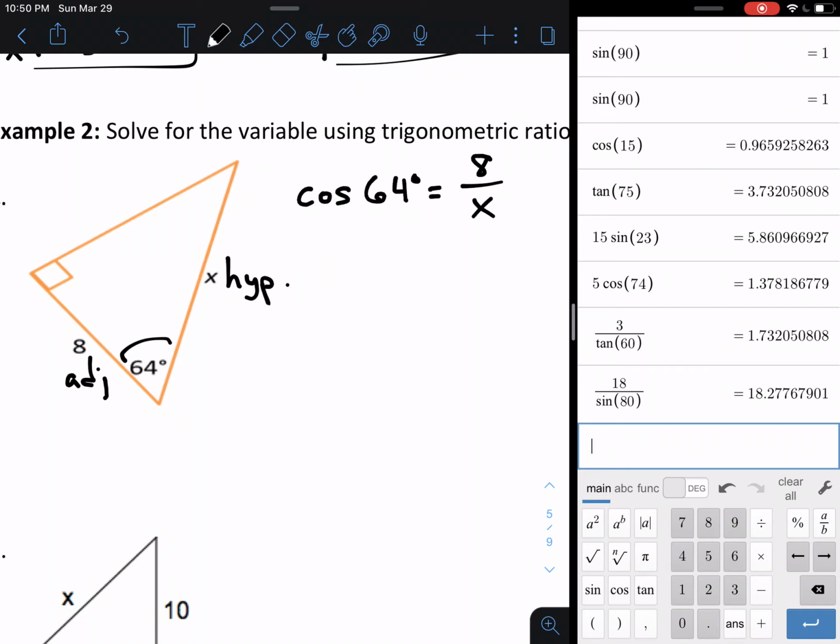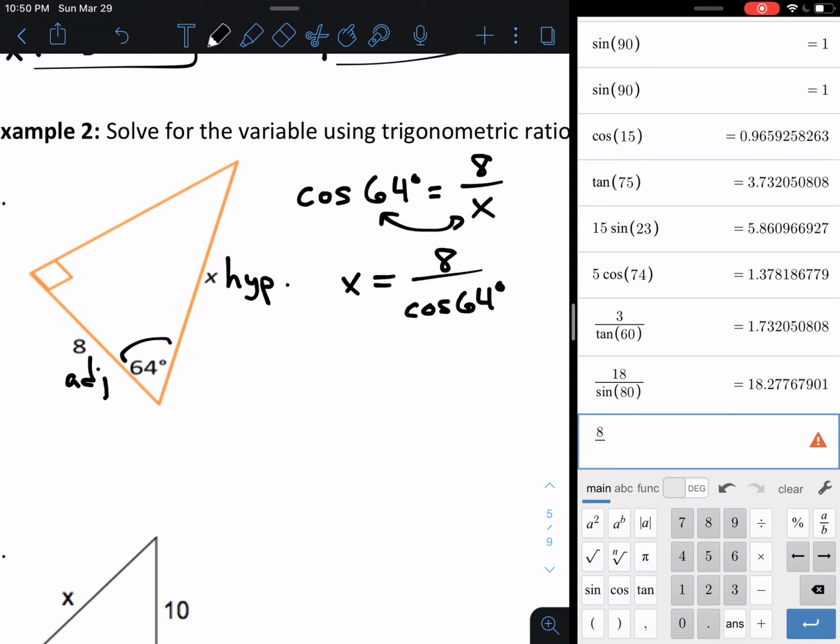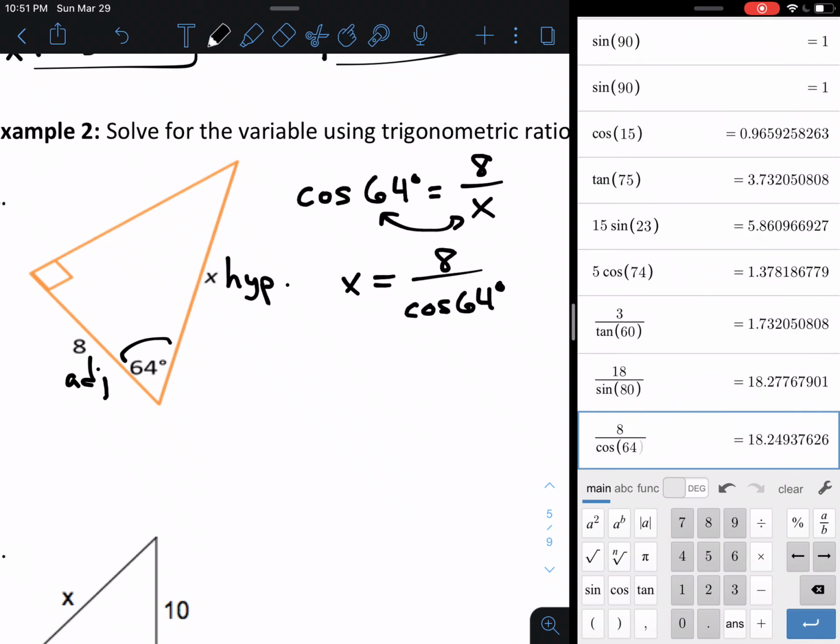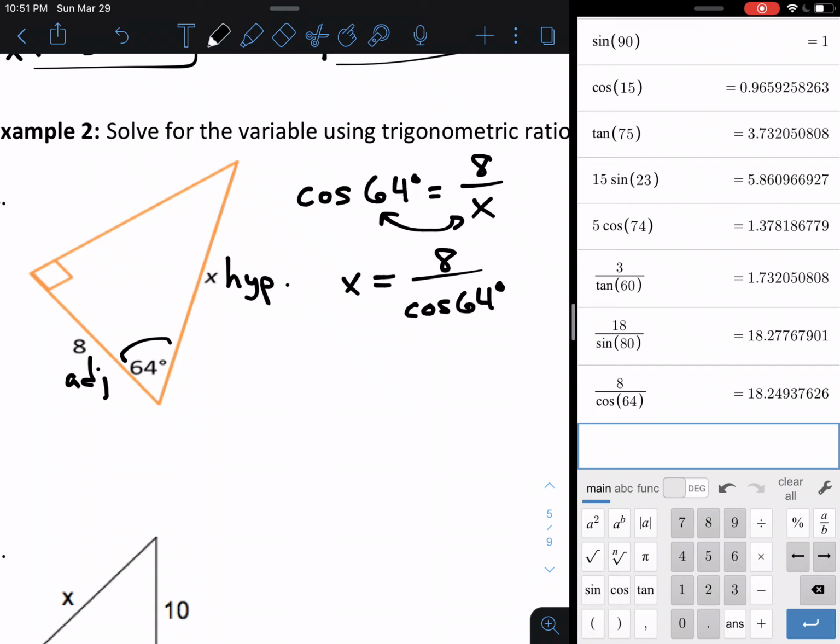And then what you'll notice is that that looks just like an equation from example 1, where in order to solve, we'll do something similar to what we did up there, which is to swap cosine of 64 and x. So x would be equal to 8 divided by cosine of 64 degrees. And then we could type that into our calculator. 8 divided by cosine of 64 is approximately 8.25.